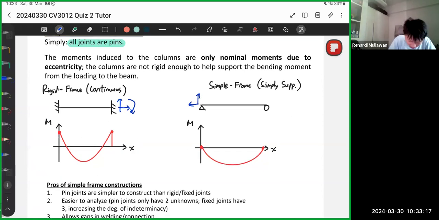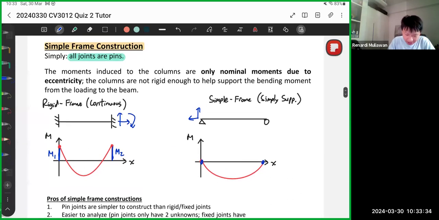If you see in the edges here, there are moments. So M1 and M2. While for this one, there are no moments at the edge. So what does this mean?